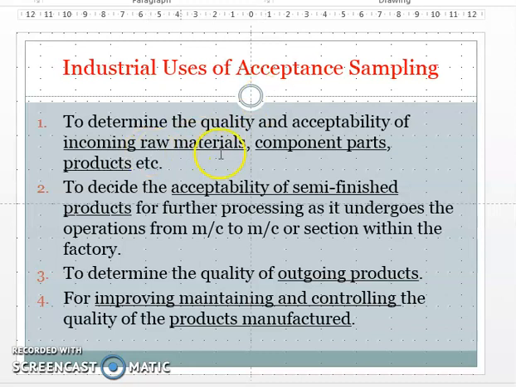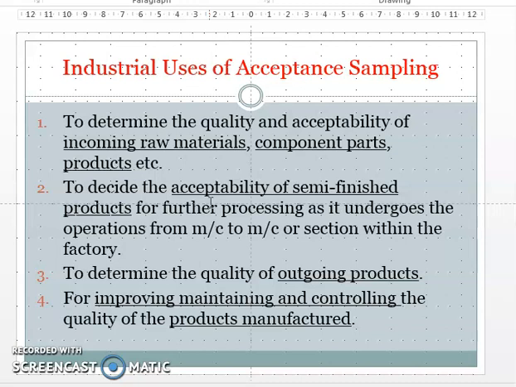The quality of the material is tested before you accept it, as well as the acceptability of semi-finished products, that is, from lathe machine to drilling machine or from your machine shop to other shop for fabrication or for carpentry to fitting. This applies to different departments, depending on the nature of the product or the operations to be carried out.